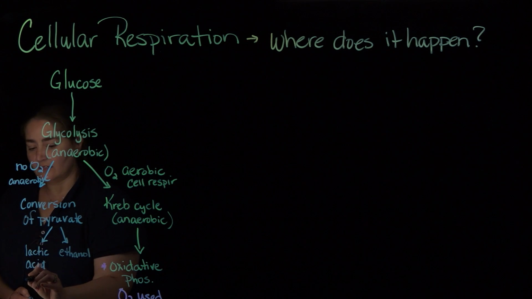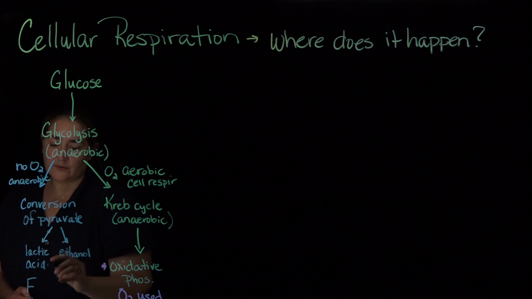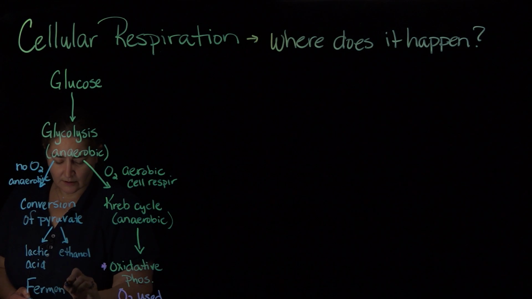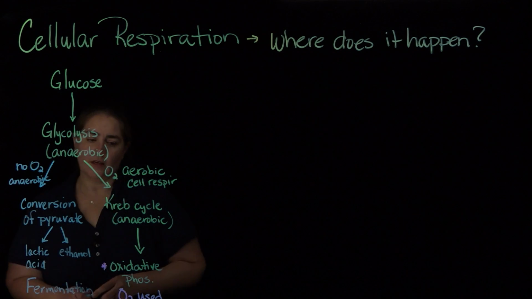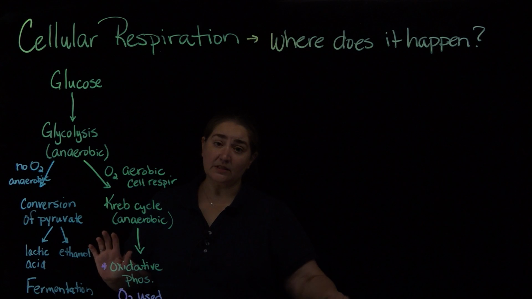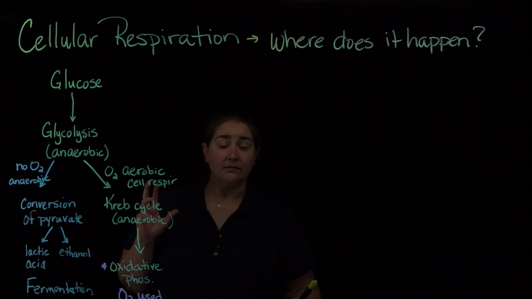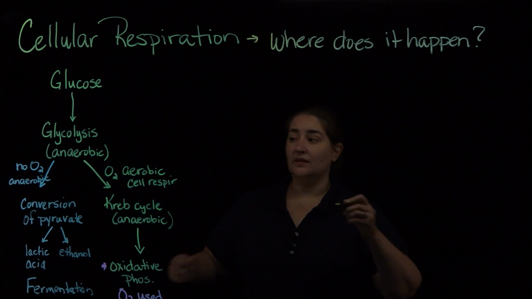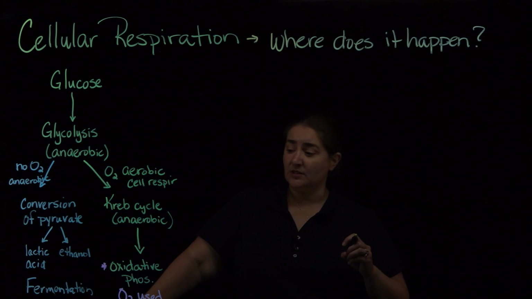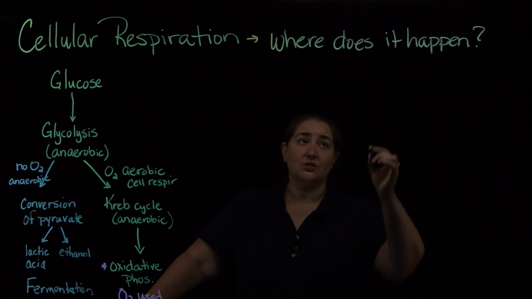This generation of ATP within the cell is the process of fermentation, as opposed to aerobic cellular respiration, where we need oxygen present. So that's a flow diagram of the two processes that we'll discuss, aerobic respiration and fermentation.